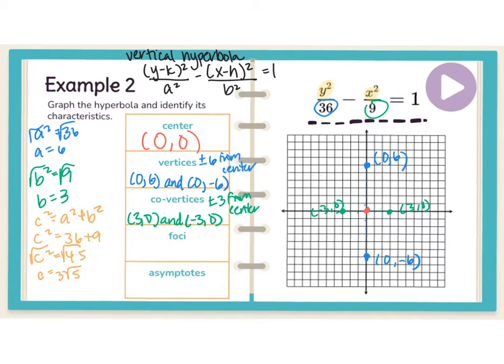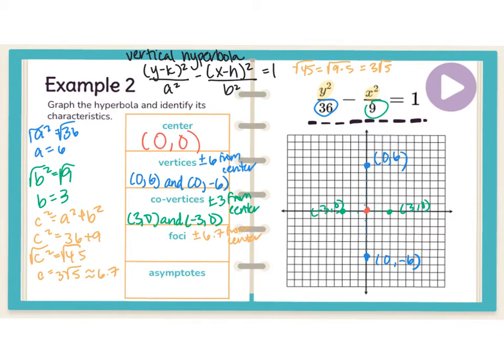And we get 3 square roots of 5 because the square root of 45 is the square root of 9 times 5. And the reason I chose 9 is because 9 is a perfect square. Square root of 9 is 3, and square root of 5 can't be simplified. And then 3 square roots of 5 in the calculator simplifies to approximately 6.7. So that means we're going to go plus minus 6.7 from the center.